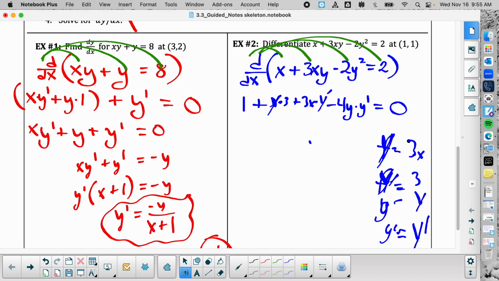Nope, that's perfect. That's perfect. That's the parts of the product rule. Y prime.